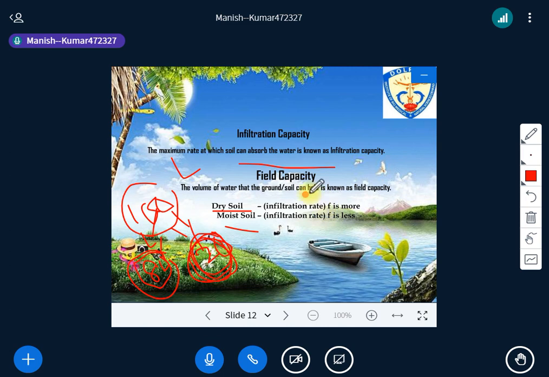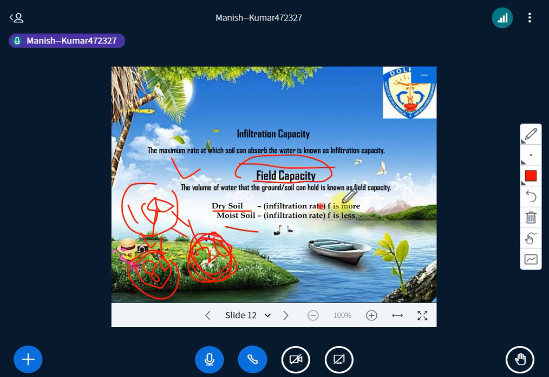Okay. Now the term field capacity is related to hydrology. What is the meaning of that? To simplify, field capacity means the maximum capacity of water absorption by the soil, or the volume of water that the ground can hold.